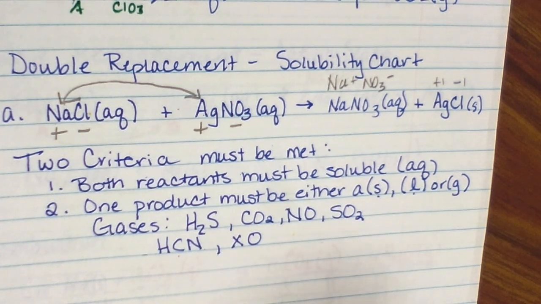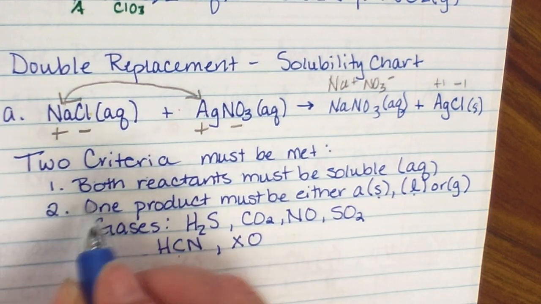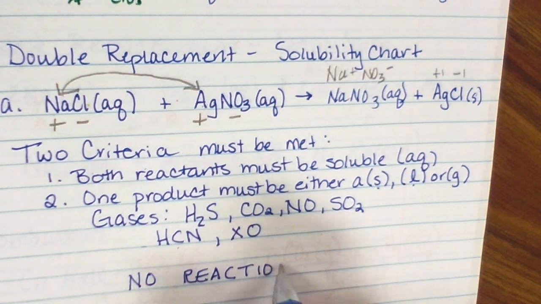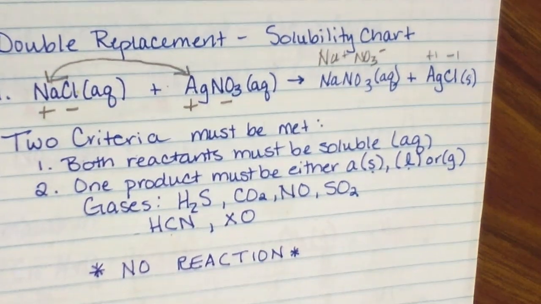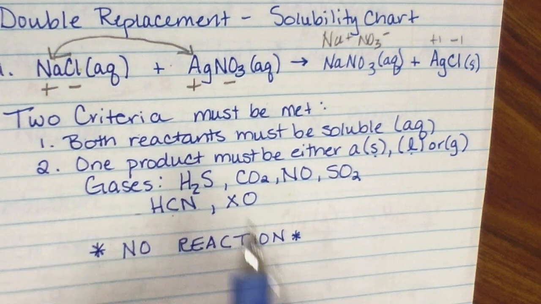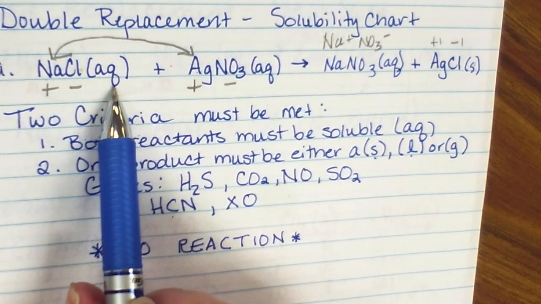Now, if the reaction doesn't go because these two criteria are not met, then you write no reaction and you just move on. All right? Don't waste time trying to finish it. The minute that you see, oh, one of the reactants is not aqueous, just write no reaction.